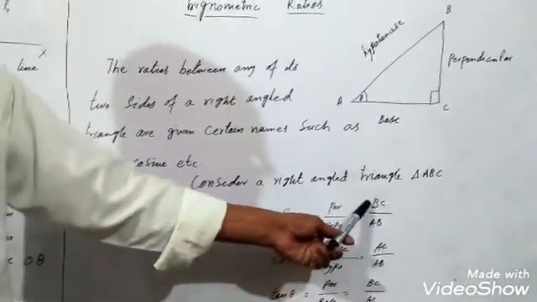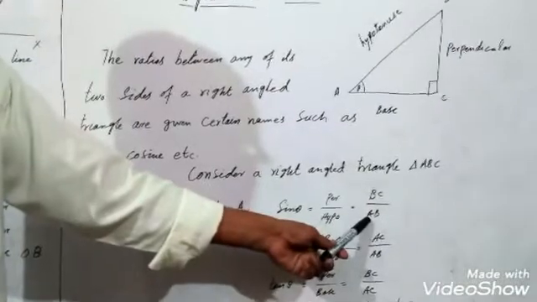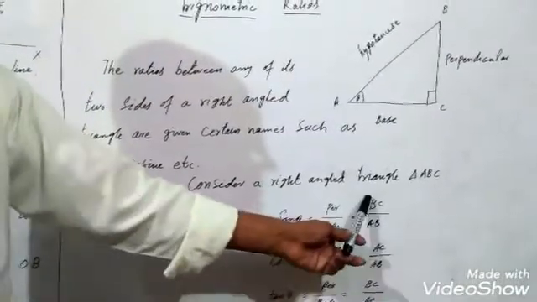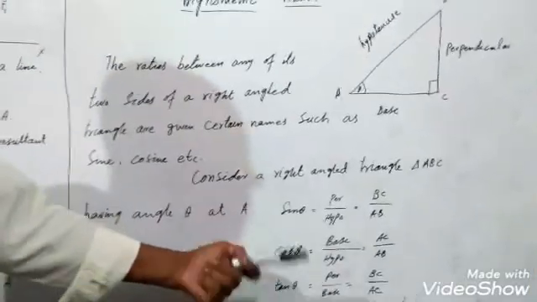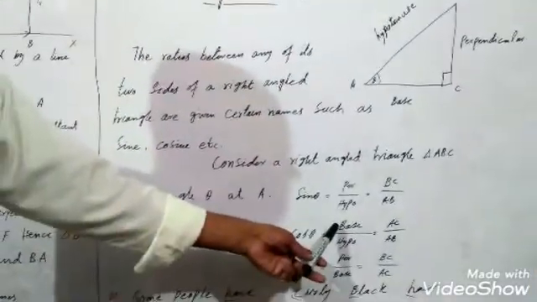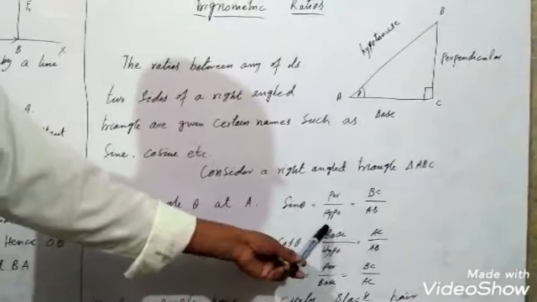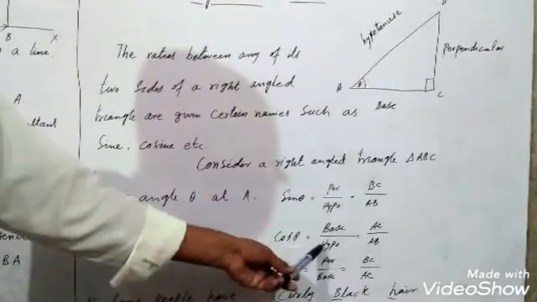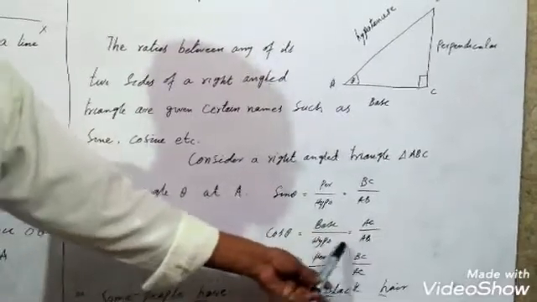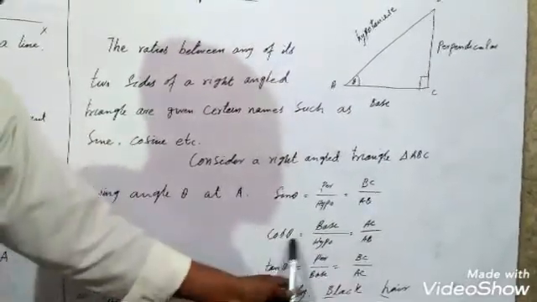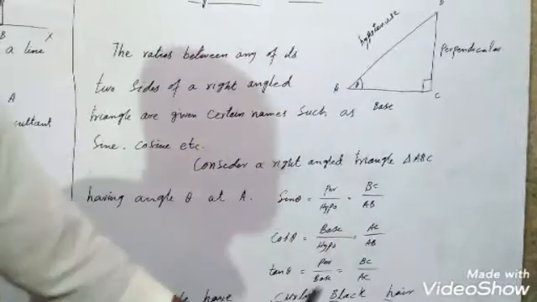Perpendicular is BC and hypotenuse is AB. So sine theta is equal to BC by AB. Cosine theta or cos theta is the ratio between base and hypotenuse of a right angle triangle. So base is AC and hypotenuse is AB. So cos theta is equal to AC by AB.